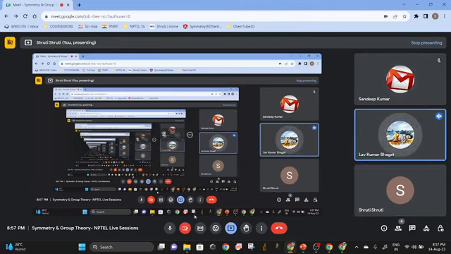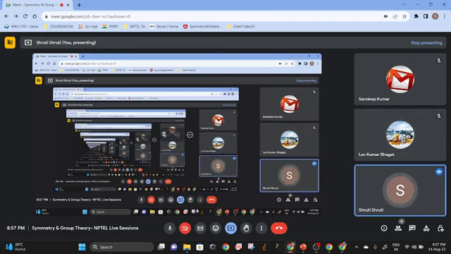Ma'am, I have a small question. What is the difference between a group multiplication table and a character table? Character table, I cannot explain right now what it is. The multiplication table is derived from maths, group theory from a mathematical point of view, that you can apply for any group, not only the symmetry group.